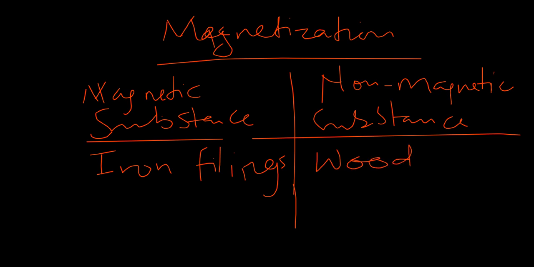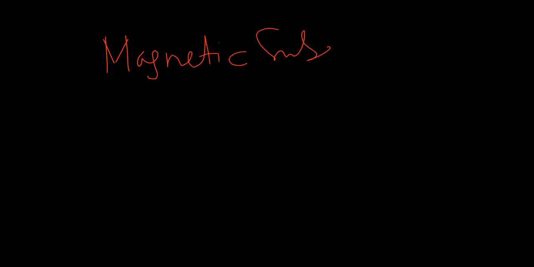So with this in mind, let's look at what magnetization simply means as a separation method. Magnetization simply means that you have a mixture of these two items, a magnetic substance and a non-magnetic substance.